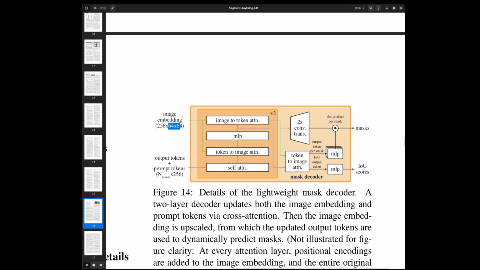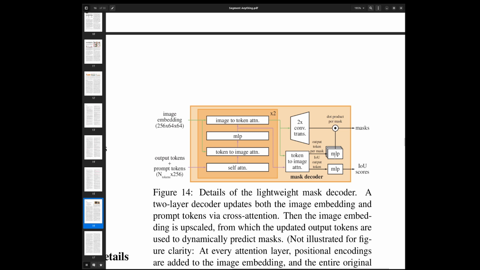And then you re-get to the spatial size, and you create a mask from that, and then you basically use this thing that you train. So this is train, right? This output token is not input by the user, it's something that you train to create some features that will dot product per mask.